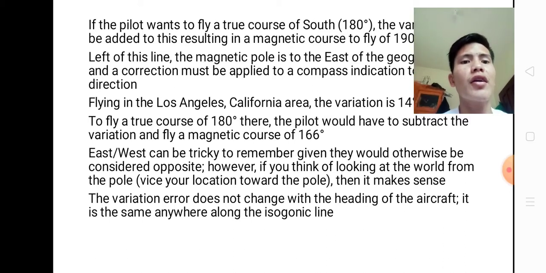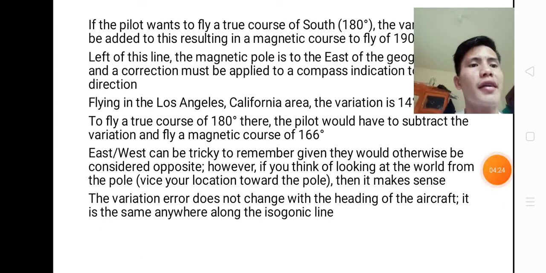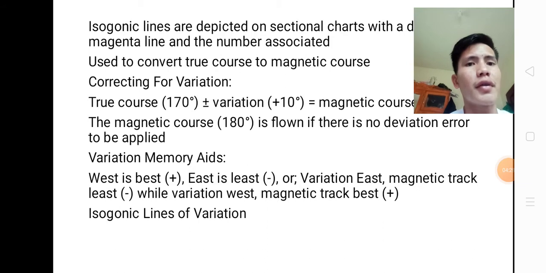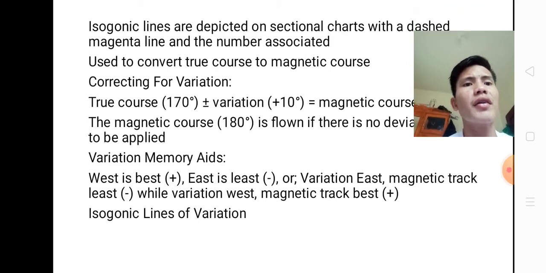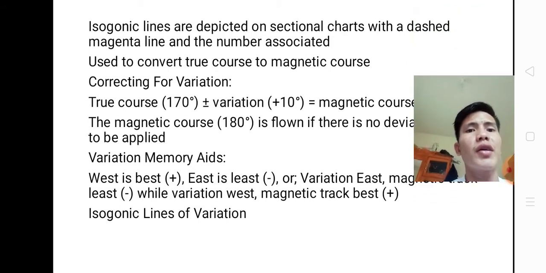It is the same anywhere along the isogonic line. Isogonic lines are depicted on sectional charts with a dashed magenta line, and the number associated is used to convert true course to magnetic course.